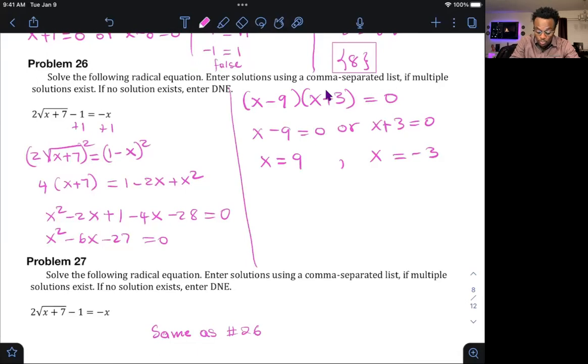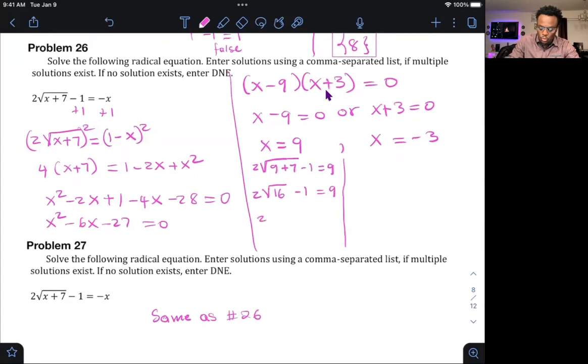So we want to check this to make sure it works. For the first one, it will be 2 square root of 9 plus 7 minus 1 equals 9. So that's 2 square root of 16 minus 1 equals 9.